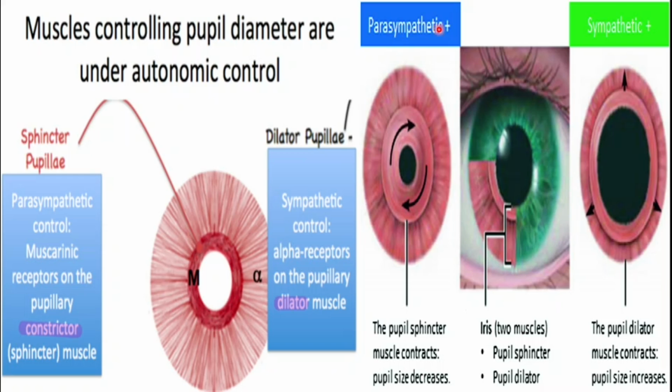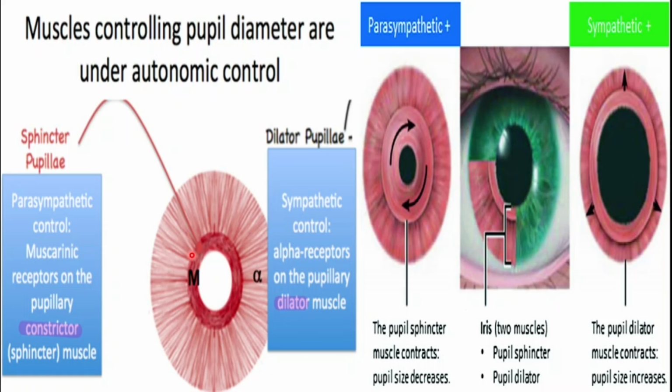So the parasympathetic activity or stimulation will cause miosis, and the sympathetic activity or the sympathetic stimulation will cause mydriasis, as you can see by this diagram.